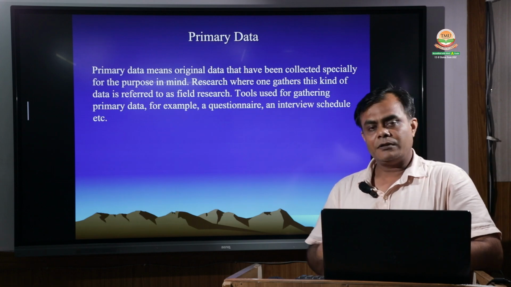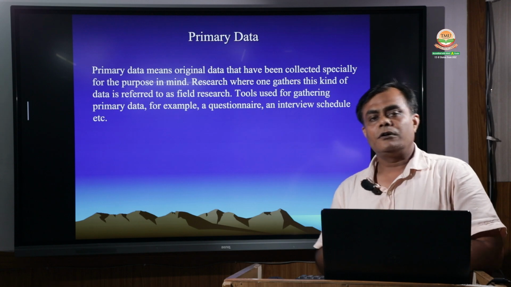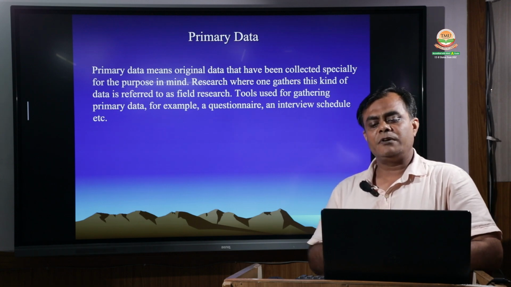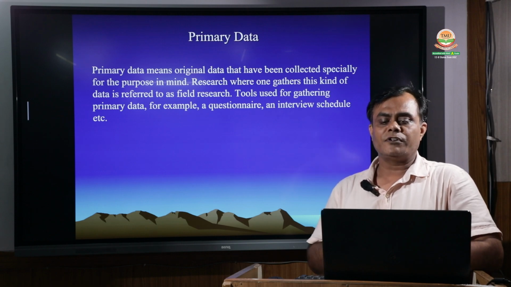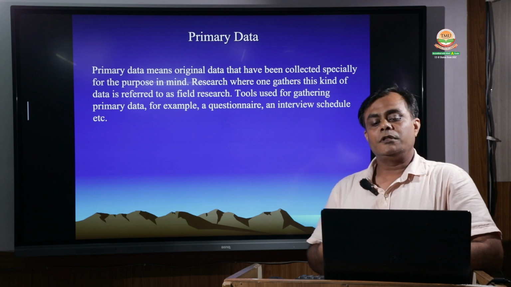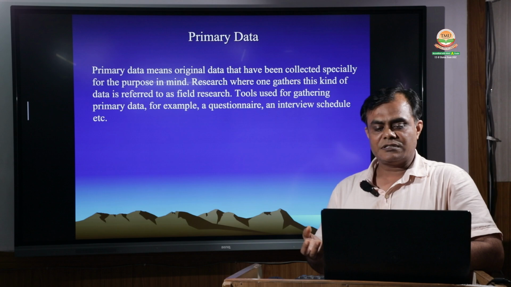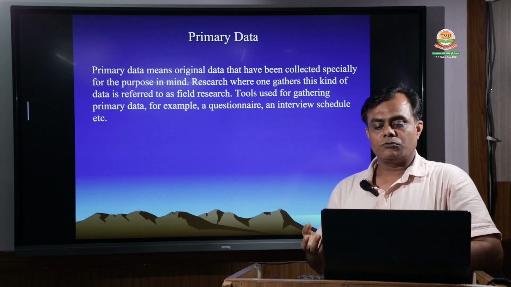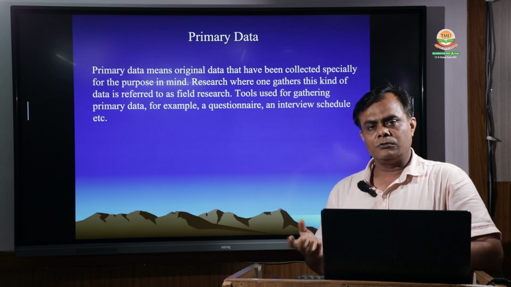Primary data: many times in my last classes I talked about primary data. Primary data is collected especially for a particular purpose. When a researcher does research, they gather the information on their own from the field of the research, using tools like the questionnaire, interviewing, or scheduling.